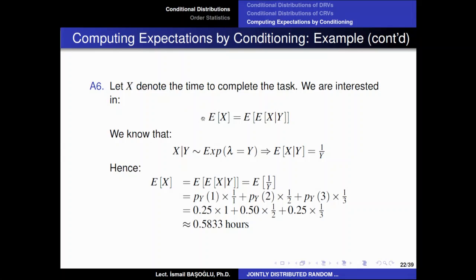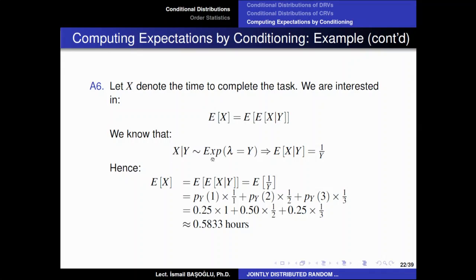In order to calculate that expected value, I am going to use the conditional expectation formulation. In this formulation, we have the expected value of x given y. So x is conditioned on the number of people who are there.